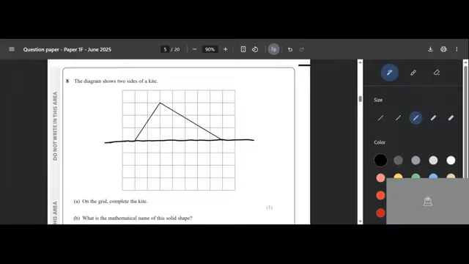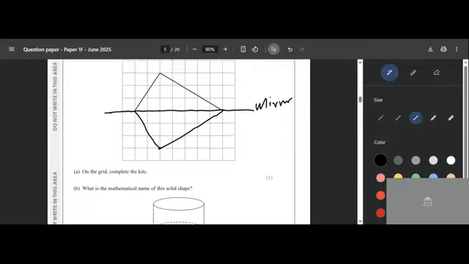So I'm going to look at the edges and the vertices. Here we have from here to here, these are 3 boxes. So 1, 2, 3. I'll mark it somewhere here so that I can join using my ruler. Join a straight line, making it now a complete kite. It's not necessary to draw the mirror, but I just drew the mirror so that we can see the line of symmetry.